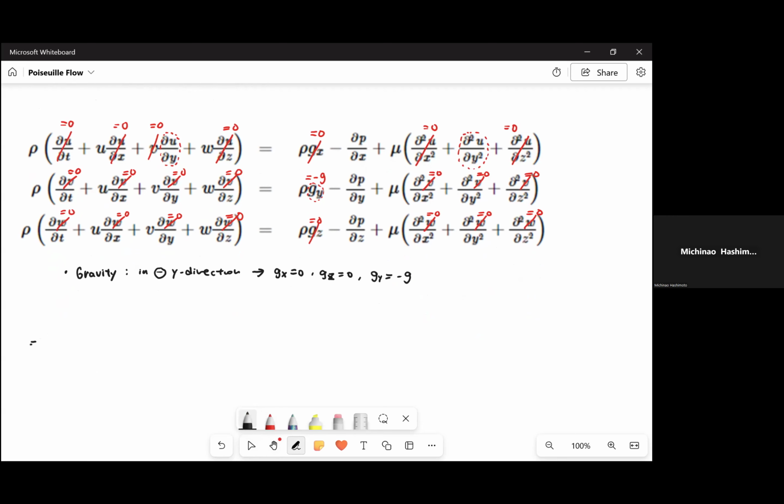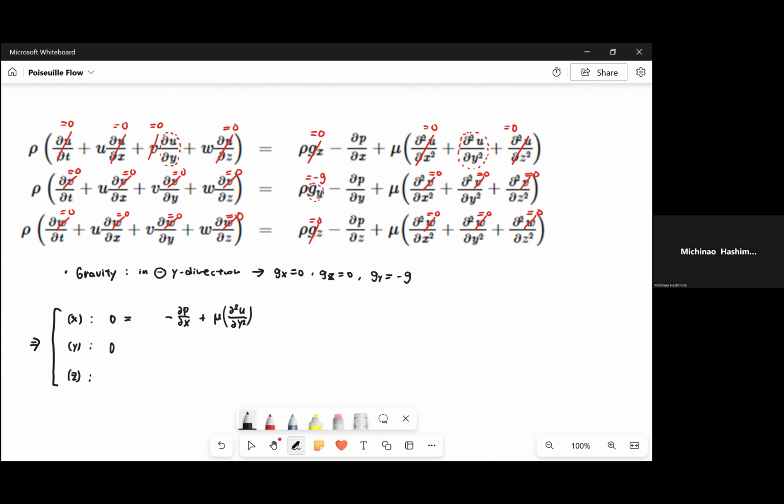So this postulated solution can be simplified as follows. In the x direction, this is going to be 0 equals minus dp/dx plus mu times d squared u/dy squared.